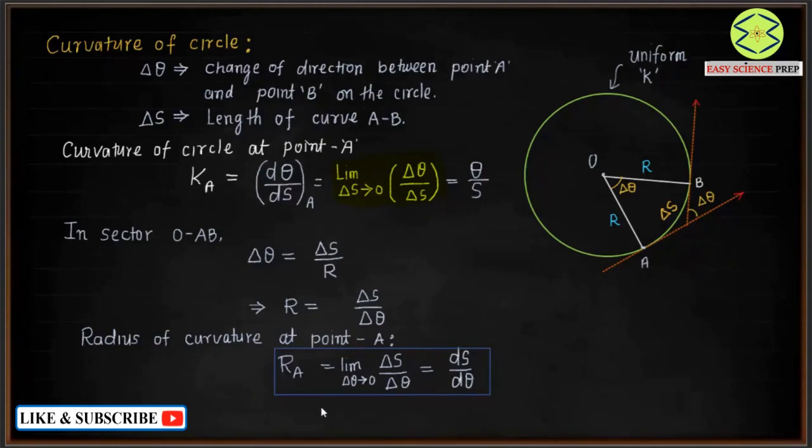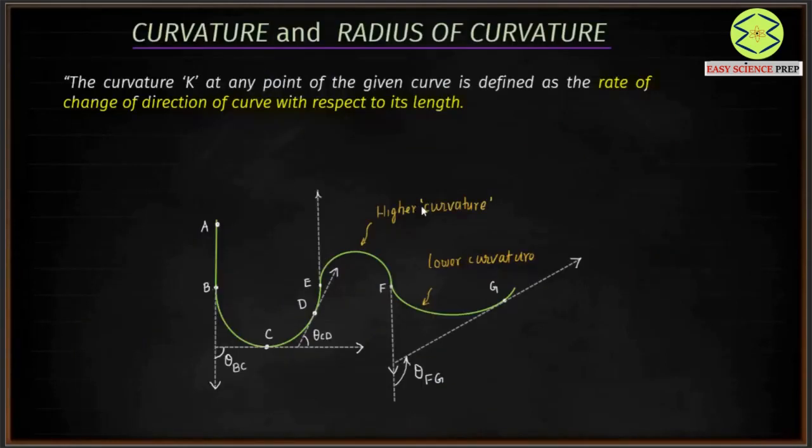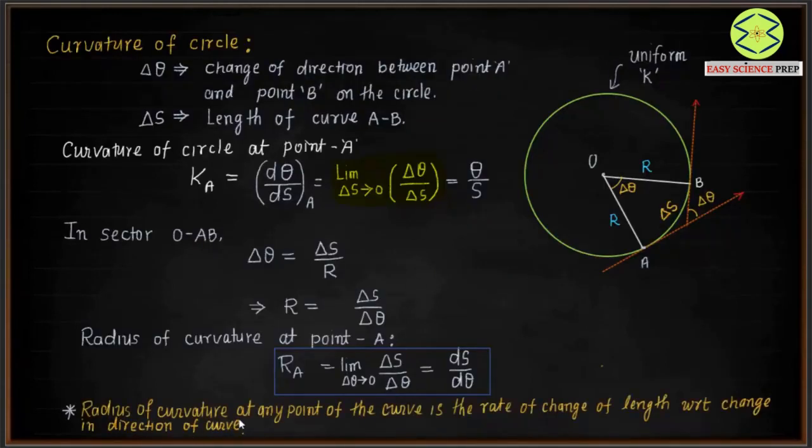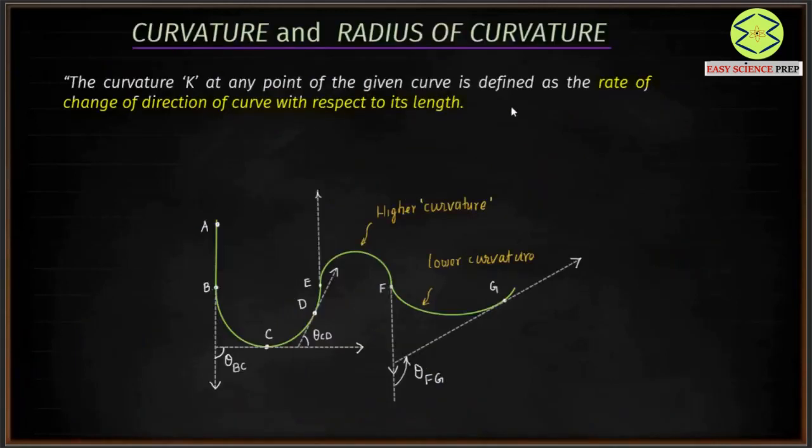So we can also define the radius of curvature like we have defined the curvature for the given curve. The radius of curvature at any point of the curve is defined as the rate of change of length, that is ds, with respect to change in direction of the curve. So it is totally opposite to that of curvature of the curve. The curvature of the curve is the rate of change of direction with respect to the length.